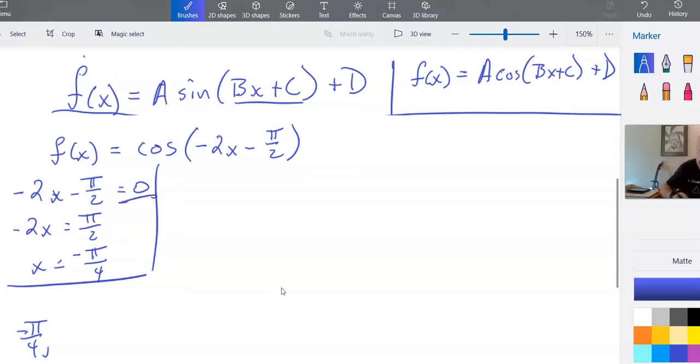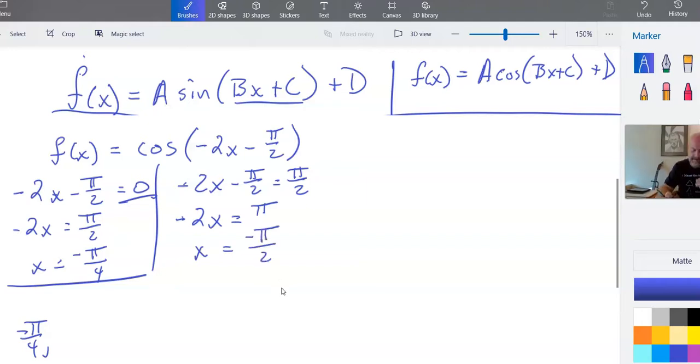Then, we got that first one, setting it equal to 0. Next thing up is pi over 2. So we have negative 2x minus pi over 2 is equal to pi over 2. Well, I'd be adding pi over 2 to both sides, so that makes it pi. So negative 2x is equal to pi. If I divide by negative 2, I get x is equal to negative pi over 2.